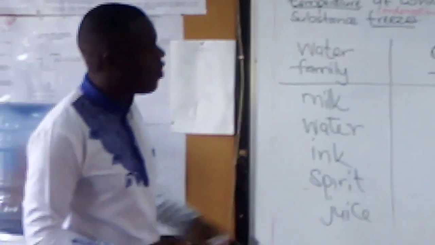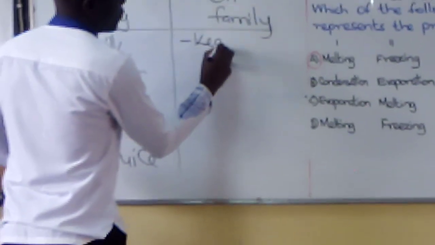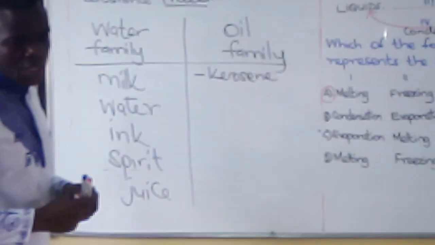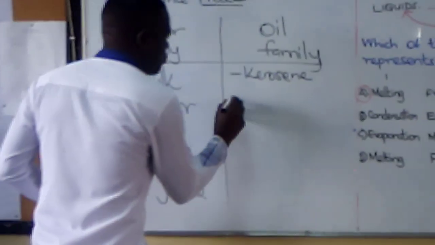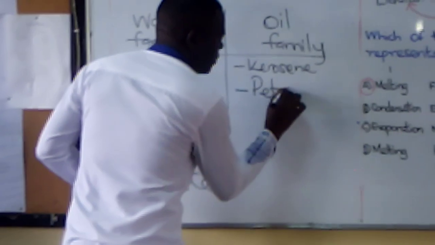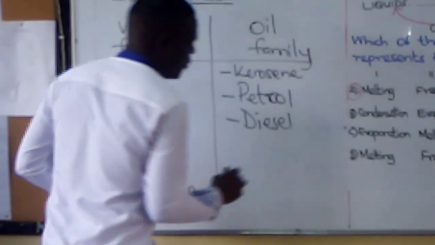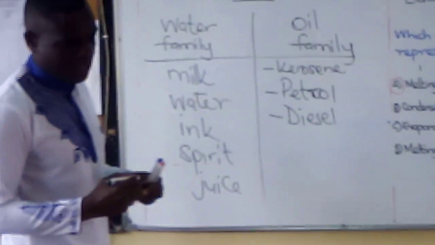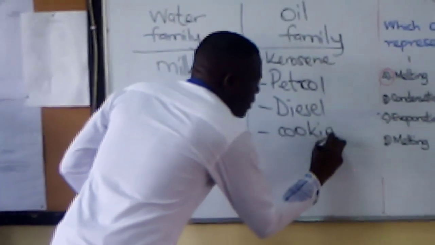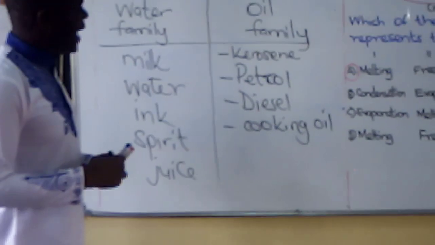Now we go to the oil family, where we have the kerosene, the cooking oil, the petrol, the diesel, the engine oil.